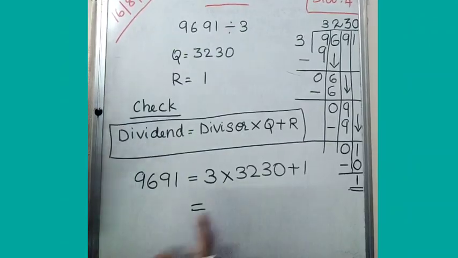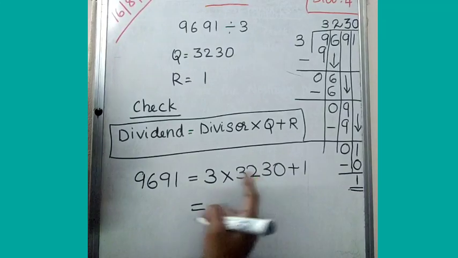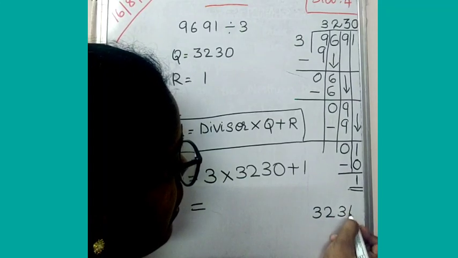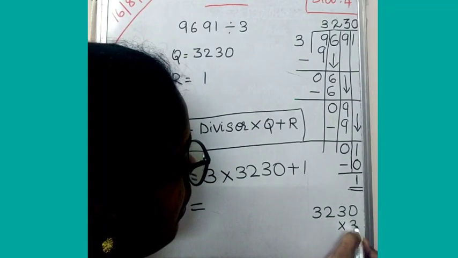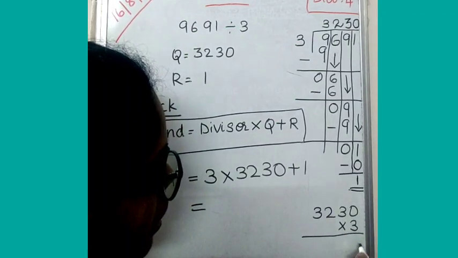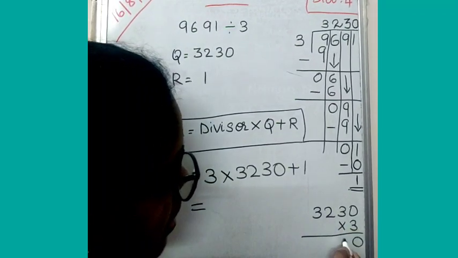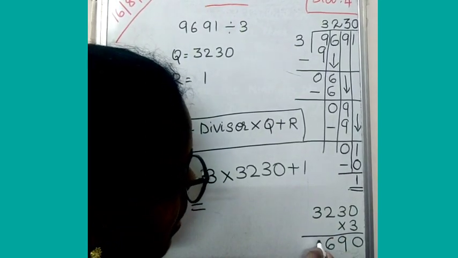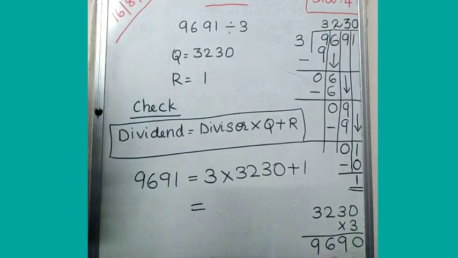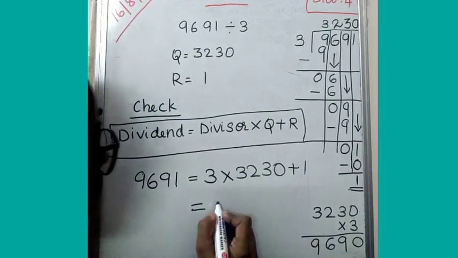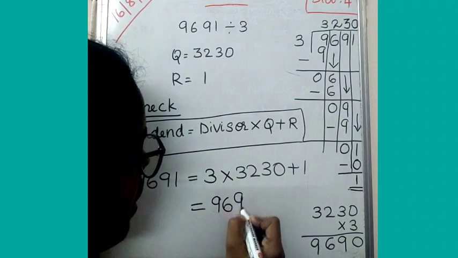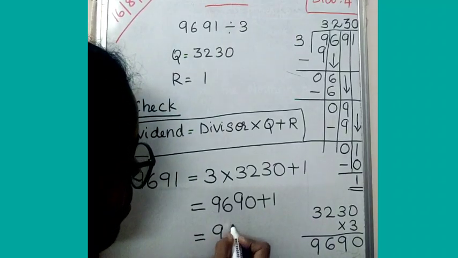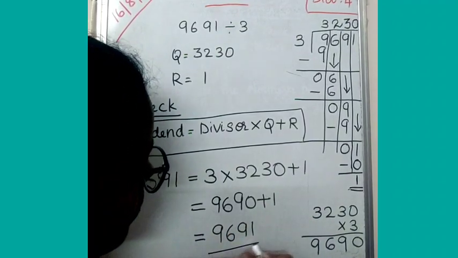That is 3 into, first you have to do this, 3 into 3230. 3230 into 3: 0 into 3, 0. 3 3s are 9. 3 2s are 6. 3 3s are 9. 9690. 9690 plus 1 is equal to 9691.